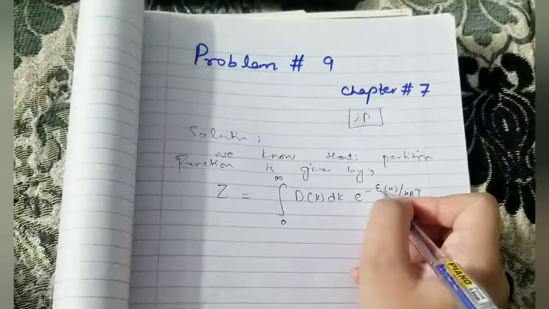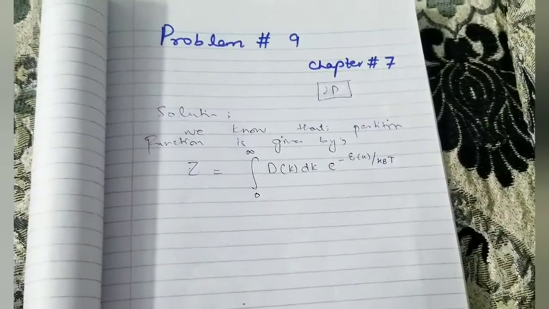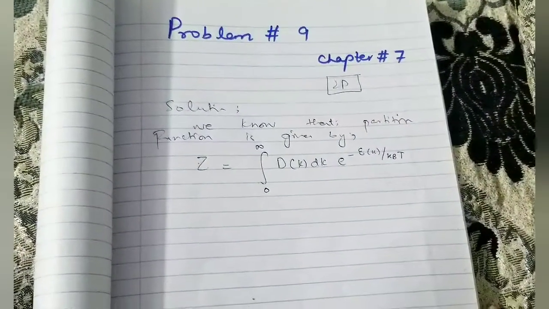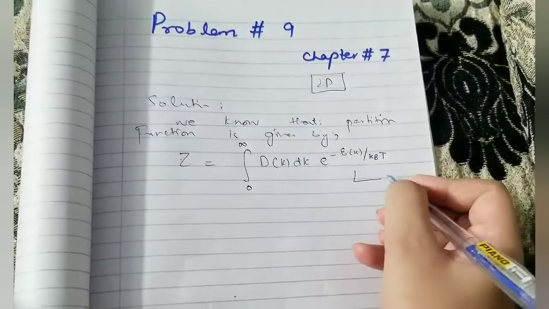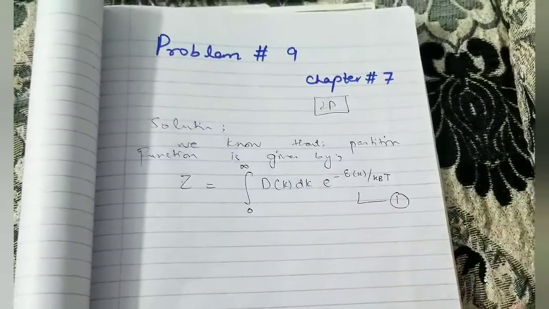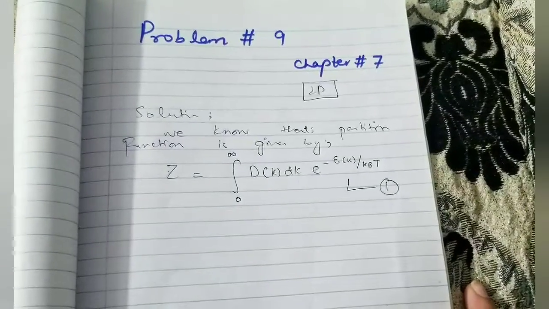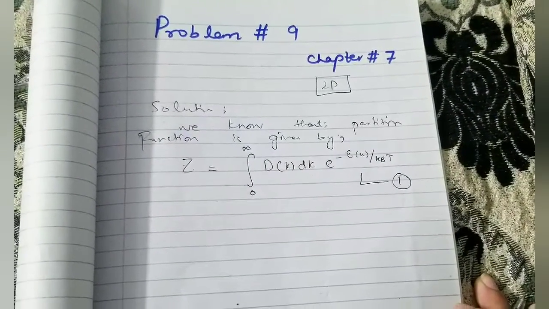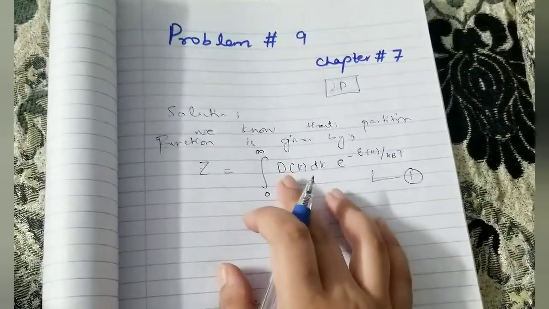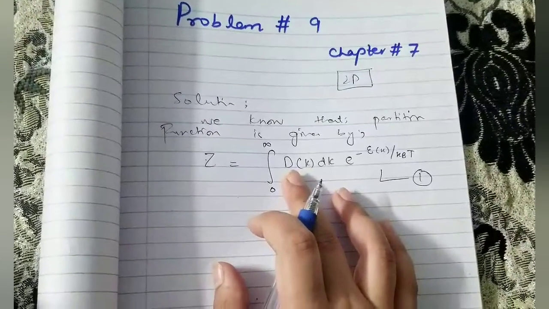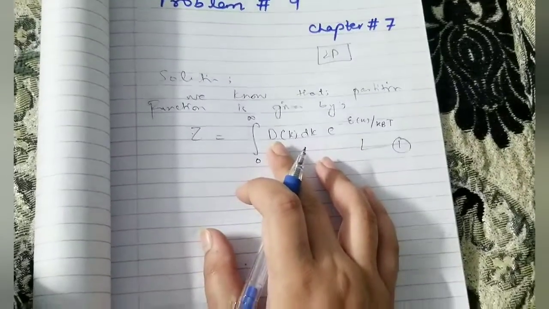Here E(k) means the energy expression that has been expressed in terms of k. This is the formula that you'll use no matter if it is the 1D case, 2D case or 3D case. The only difference comes when you put the value of D(k). Nothing else will change.